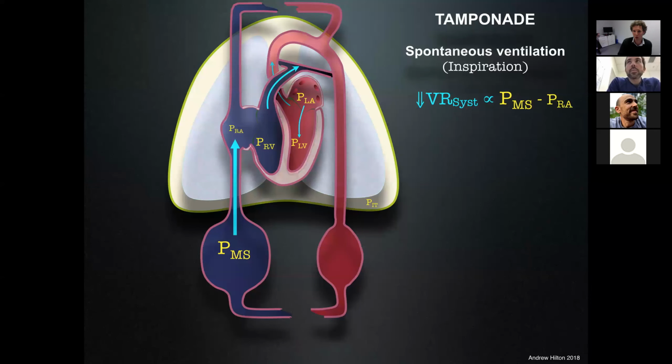So in tamponade with spontaneous ventilation, we can often see this pericardial restraint, which means we would impair our ability to see that change we saw in terms of the reduction in the right atrial pressure. And we're going to even impair that ability as we then descend our diaphragm. It's maybe not going to increase our preload very much, possibly at all, in which case you can see the decrease in your systemic venous return.